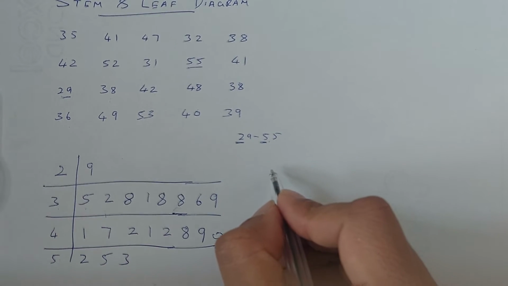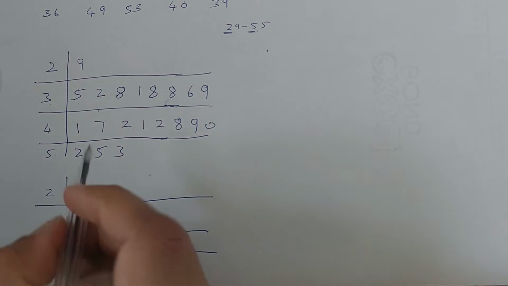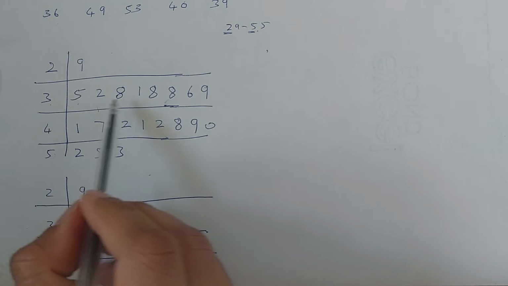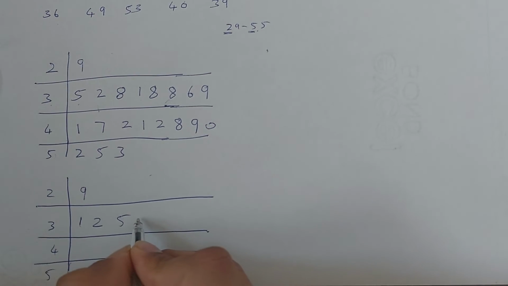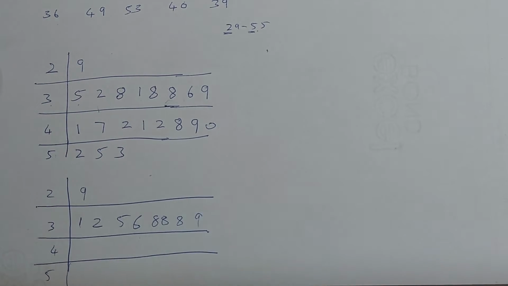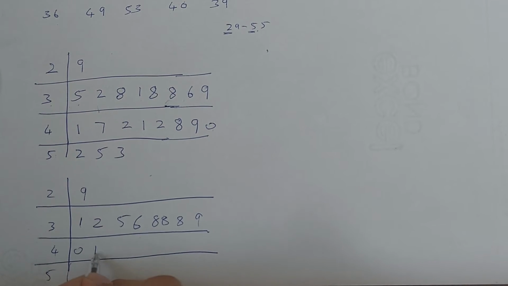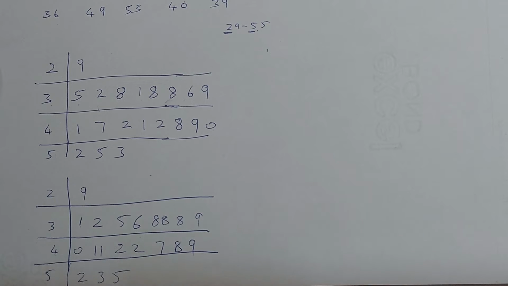When we draw that table again and put the values here, arrange them in the proper ascending order, starting from 1 2, 1 2 5 6 8 8 8 8 8 8 and 9, and this one 0 1 1 1 1 2 2, 7 8 9 and 2 3 5. They all are in ascending order. This is how you draw it.